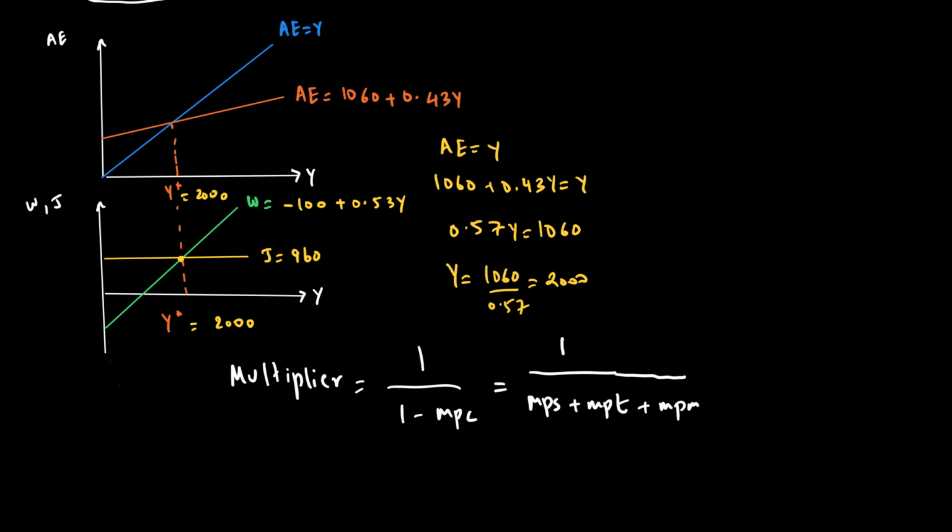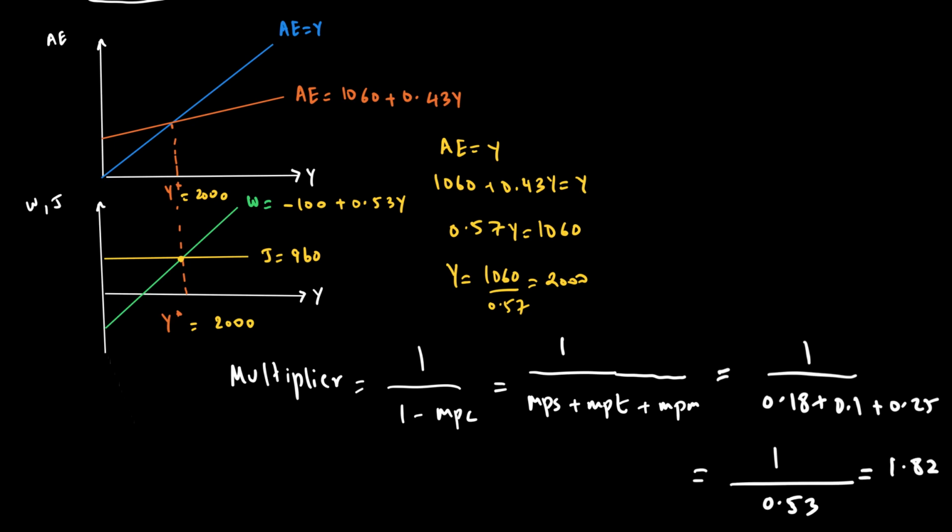So the working of that would be 1 over MPS is 0.18 plus 0.1 plus 0.25, which is equal to 1 over 0.53, which is equal to 1.82. So my multiplier in this case will be 1.82.